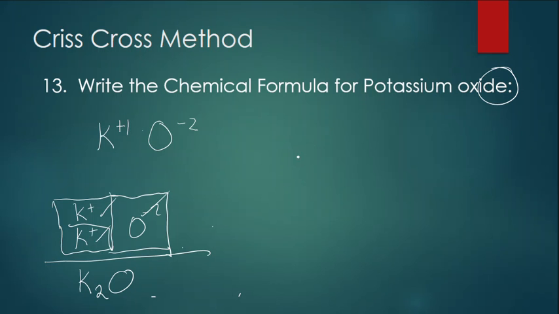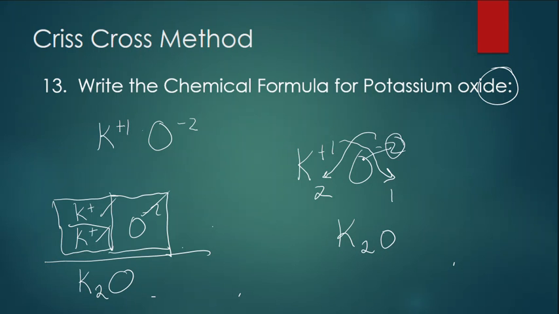Let me show you the easier way. Watch this. Criss, cross, 2, 1, K, 2, O. See what I did? The 2 gets crossed over and becomes the 2 for the potassium.